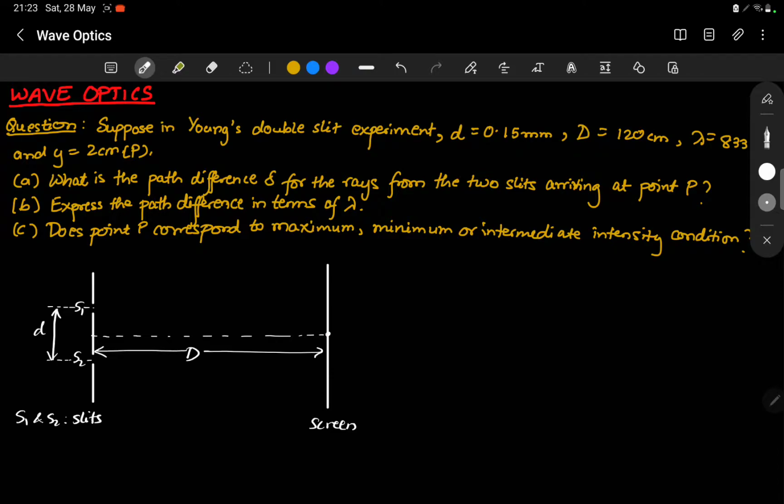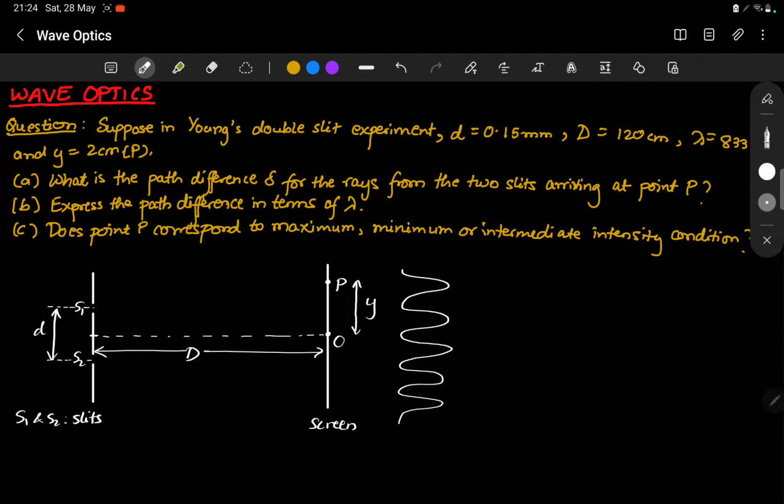From the center of the two slits we draw a perpendicular line. So this is like the midpoint, which we take as the origin, and from here we measure the distance along the screen up to some point P. This OP distance is called Y, and then we will see some interference pattern on the screen.